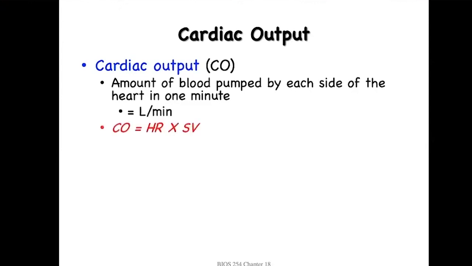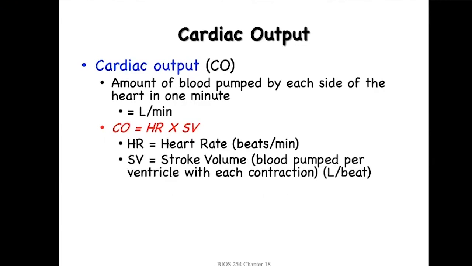The equation for cardiac output is the following, where it is equal to heart rate, which is beats per minute, times stroke volume, which is the amount of blood pumped by each ventricle with each contraction, and this is measured in liters per beat or milliliters per beat.